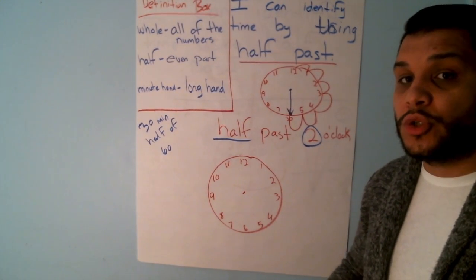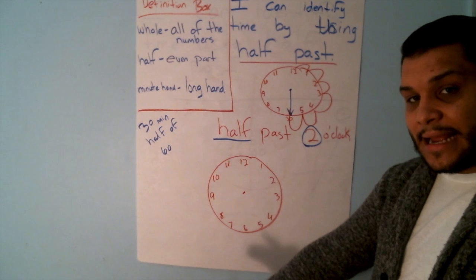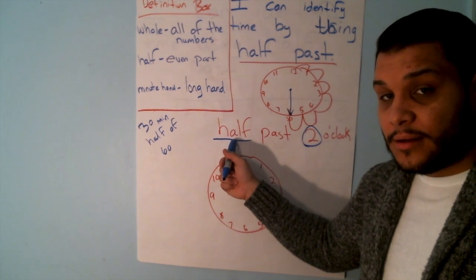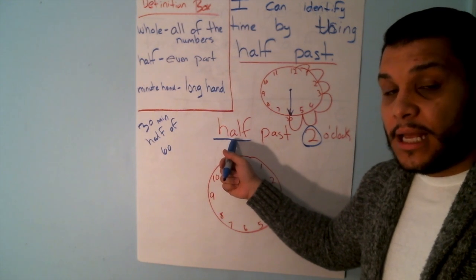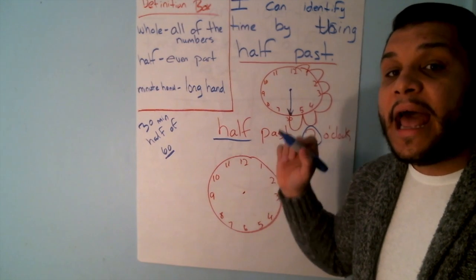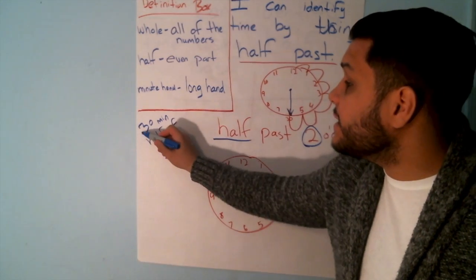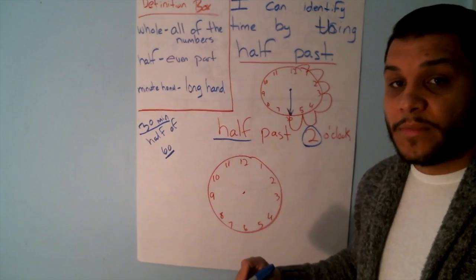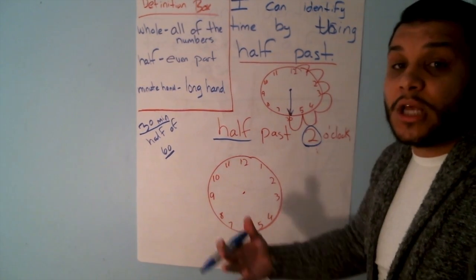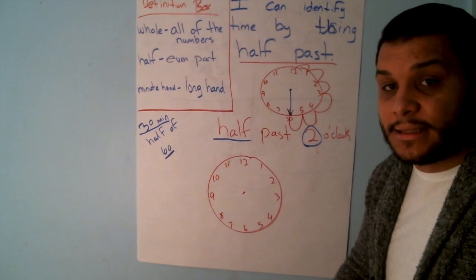Okay? So let's slow that down. I want half of an hour. An hour is 60 minutes. Half of 60 is 30 minutes. So that means that I want the 2 plus another 30 minutes.